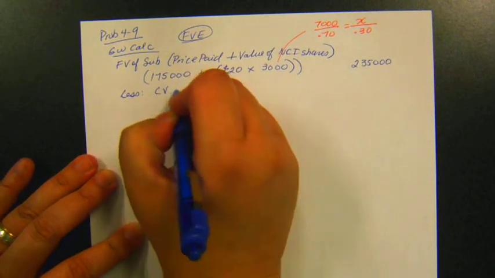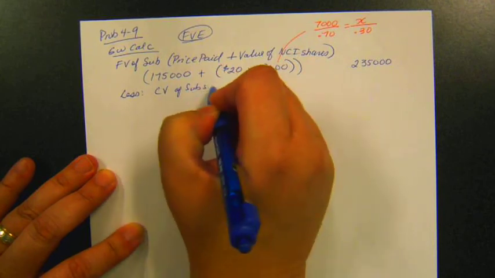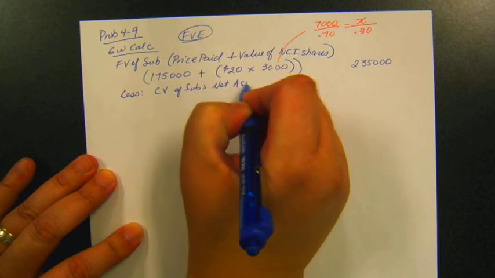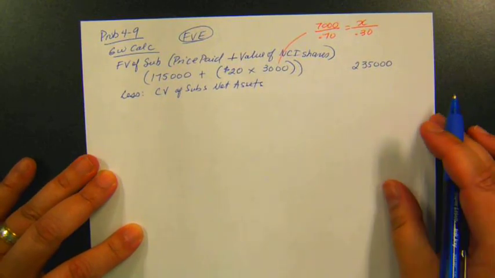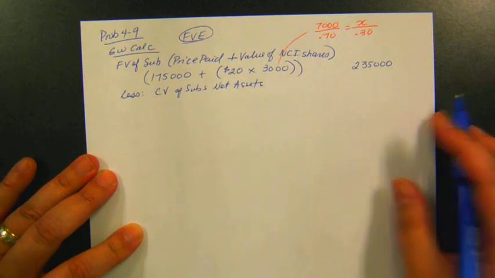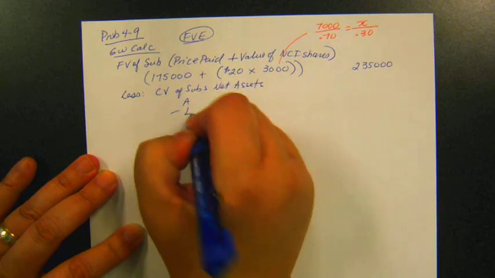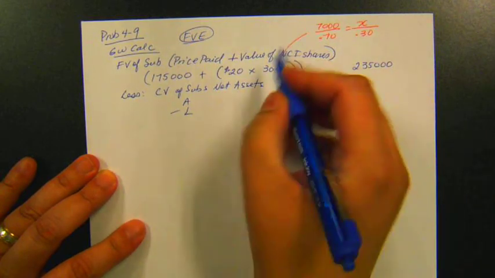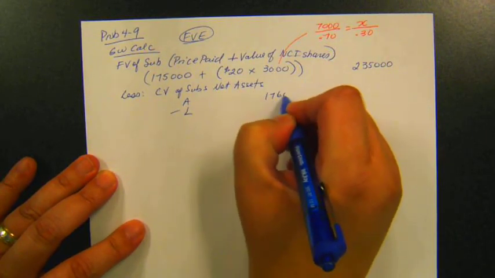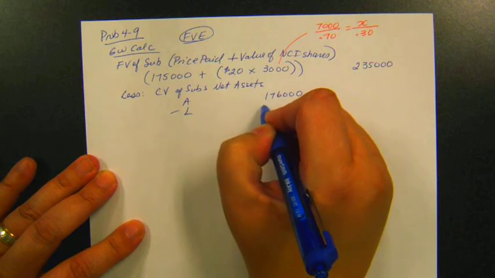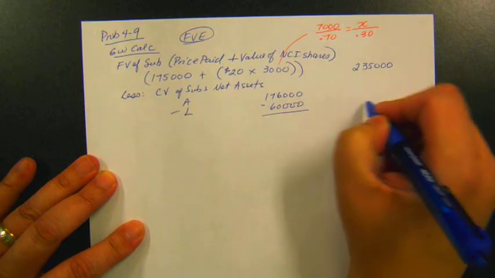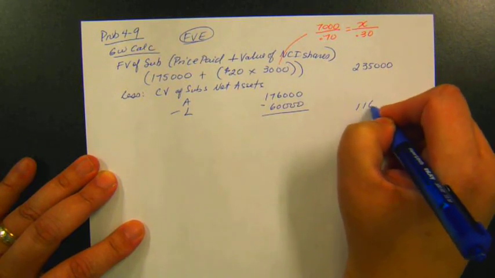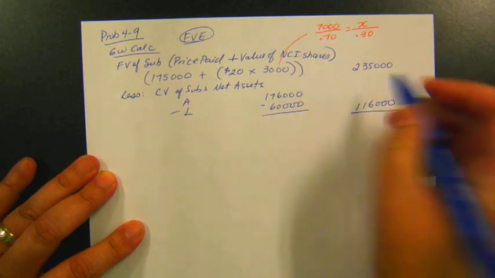Less carrying value of sub's net assets, or just of sub, whatever Connect has you pick. So assets minus liabilities, 176 minus 60 gives us 116, and you guys can look that up.